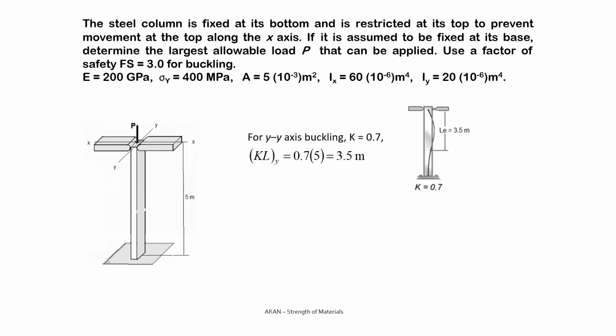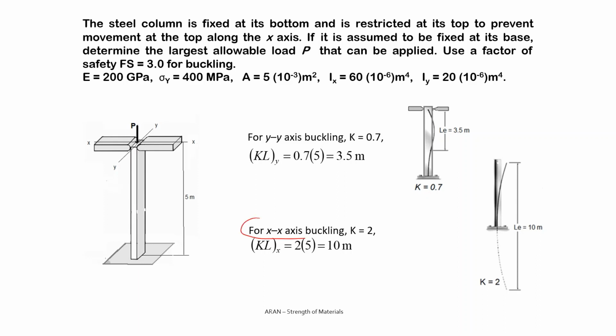Well, let's start with the y-axis buckling, so the buckling around this axis. As you see, you can consider this end as pinned, the other end is fixed. So we have a K factor of 0.7. So the effective length is 5 times 0.7. This is the effective length for y-axis buckling.